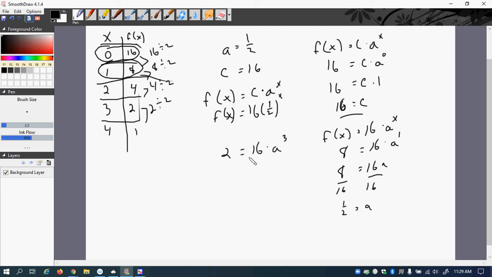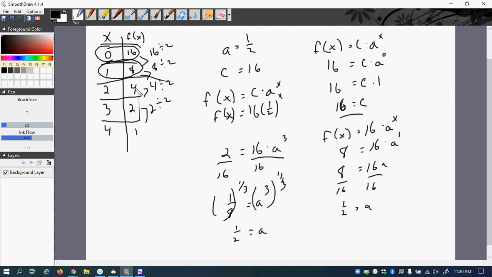Then I would divide by 16 here, so I get 1/8 equals a to the third. And then to get rid of this, I would take this to the 1/3 power. And so 1/3 power of 1/8 is actually a half. So I can still do it, but I think it's nicer and easier to pick the 2 smallest x values that they give you to make it easier to solve.